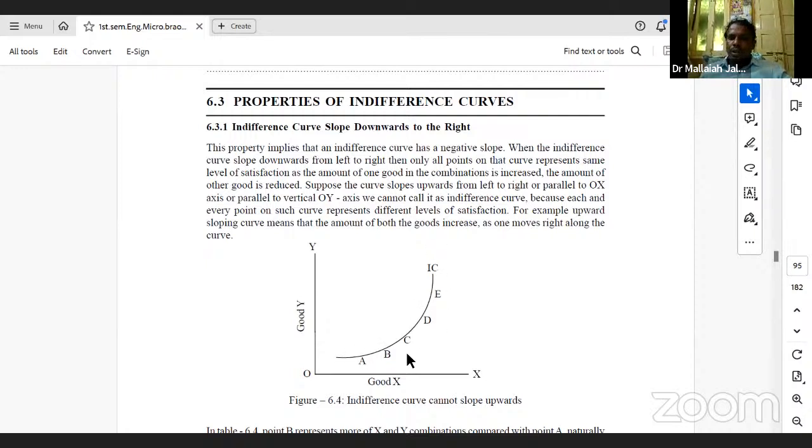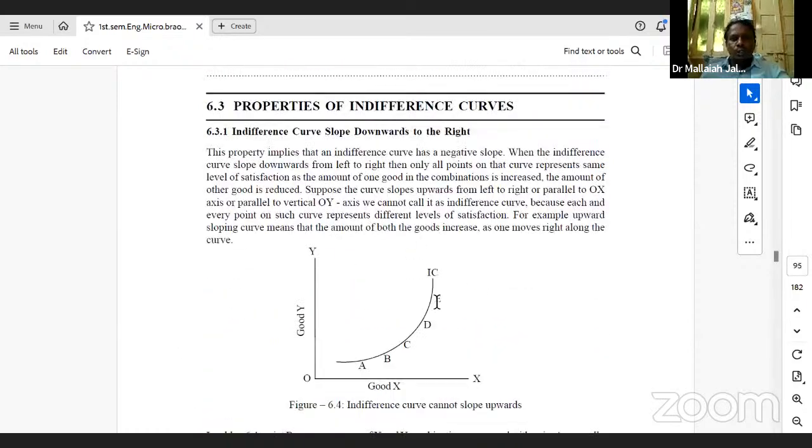This is backward bending, or concave. The graph should not be like this. The curve should be convex to the origin, not like this. Why is it convex to the origin?